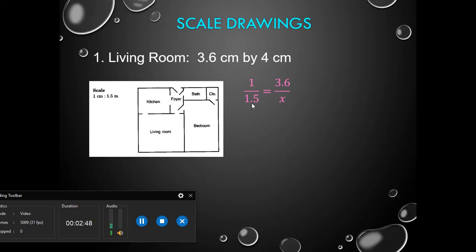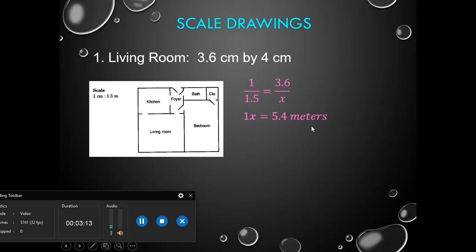You want to match the like items. So it says that the living room has a dimension of 3.6 centimeters. I'm going to put that on top with the 1. And my actual meter dimension is missing. That's my x. We're going to cross multiply, and when I do that, I'm going to get 1x equals, and it just so happens that when I multiply 3.6 and 1.5, I get 5.4 meters, which is the answer for the first part.